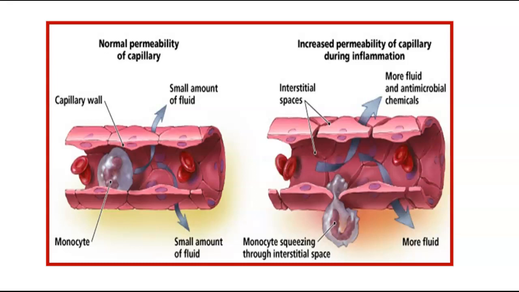The one on the left shows good integrity, where your monocytes are generally inside, but the increased porosity allows other cells that normally wouldn't get through there out. But remember, it lets not only the cells out, but also all the fluids out. So the capillaries start leaking, and then as we replace fluids, the fluid leaks out too. So this is the process behind edema and third space shifting.